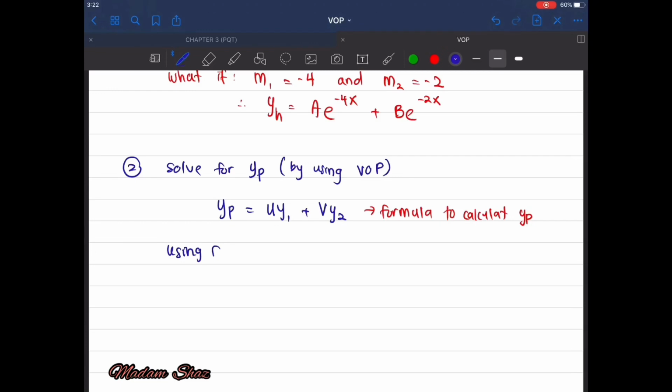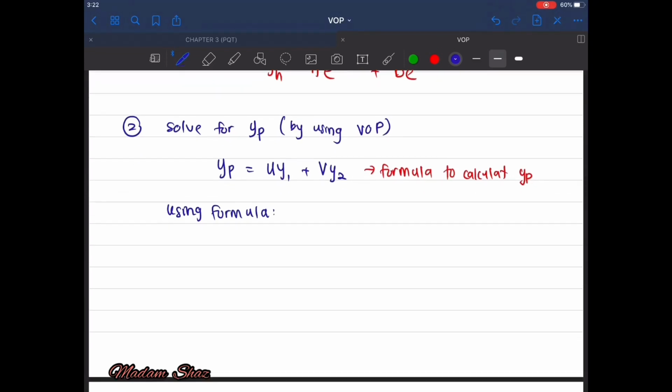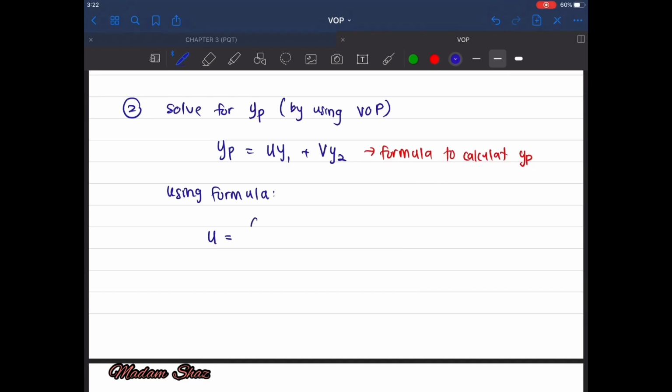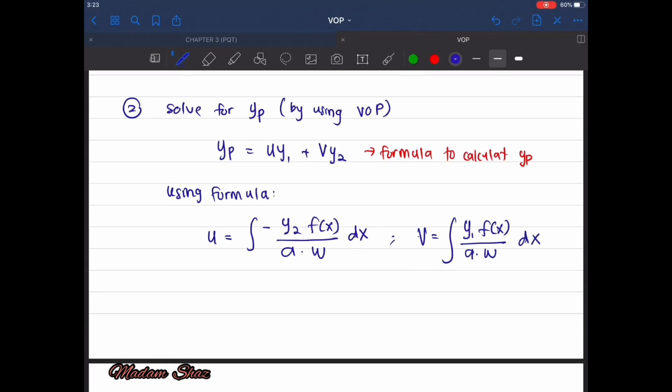By using the formula, u is equal to the integral of negative y2 fx over a multiply w dx, whereas v is equal to the integral of y1 fx over a multiply w dx.